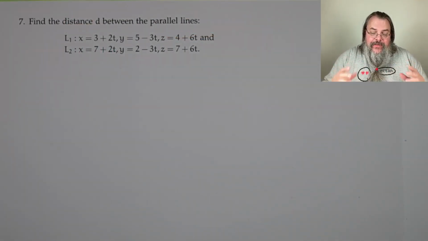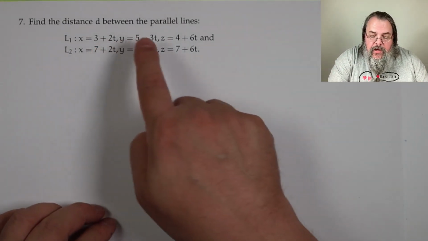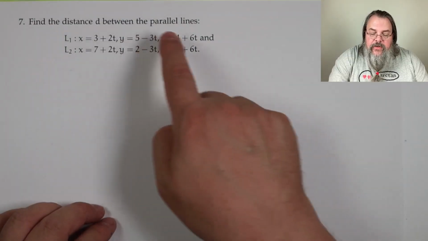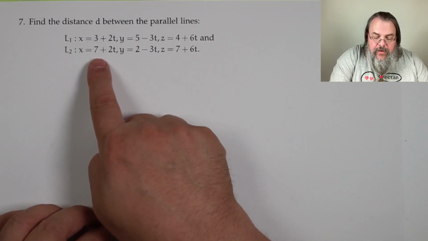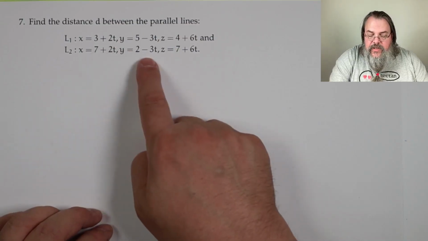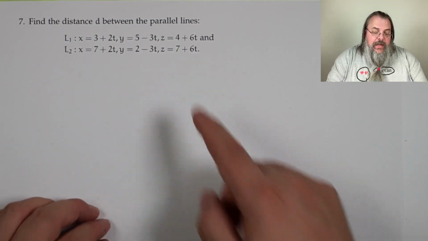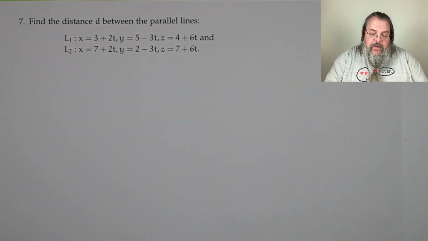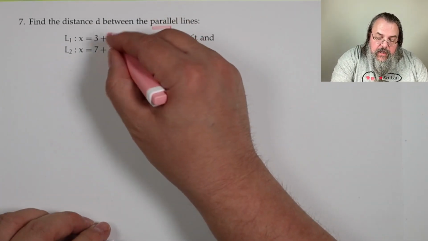Find the distance d between the parallel lines. So we have x equals 3 plus 2t, y equals 5 minus 3t, z is 4 plus 6t. That's our first line. x equals 7 plus 2t, y equals 2 minus 3t, and z equals 7 plus 6t. That's our second line. Now, why do we know that they're parallel? Because they tell us that. And what it really says is look at the direction vector.